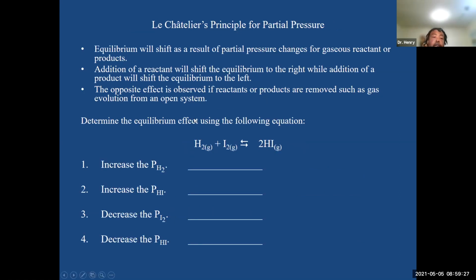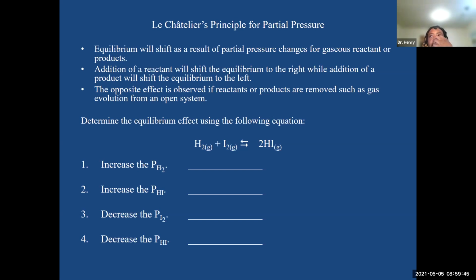Okay, so in the case of pressure, if we have partial pressures, that's going to result in a shift. The equilibrium is going to be shifted with partial pressure changes.